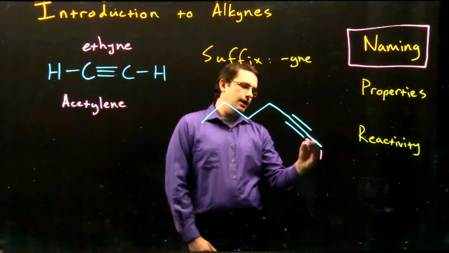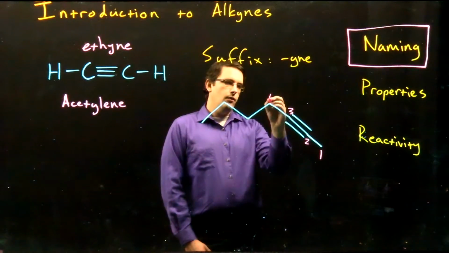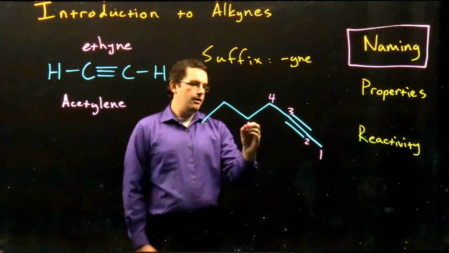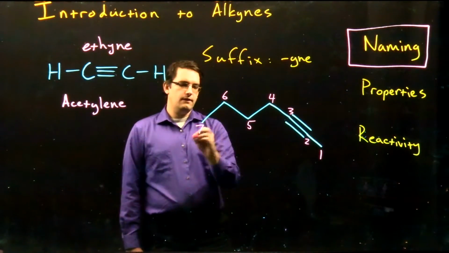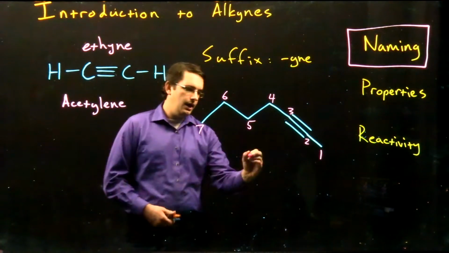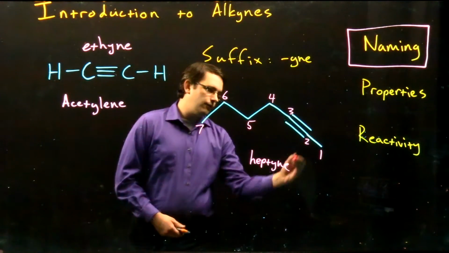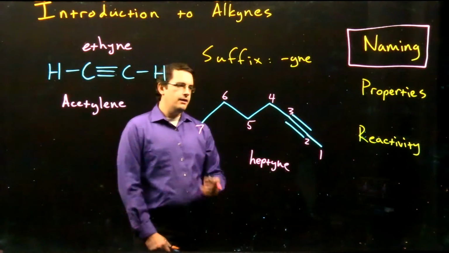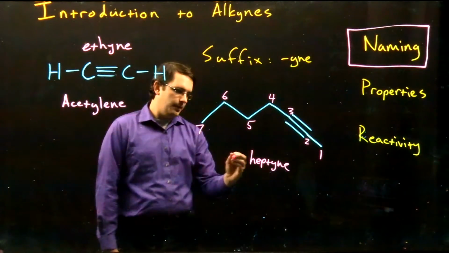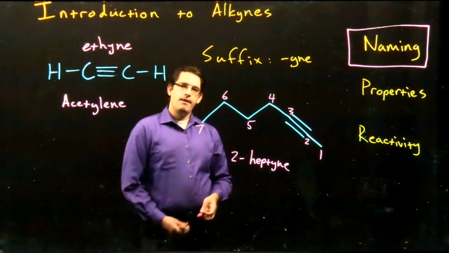We still have a carbon at every point where our bond changes. 1, 2, 3, 4, 5, 6, 7. We have 7 carbons overall. That makes this a heptyne. And of course, our alkyne starts at the 2nd carbon, so this would be 2-heptyne.